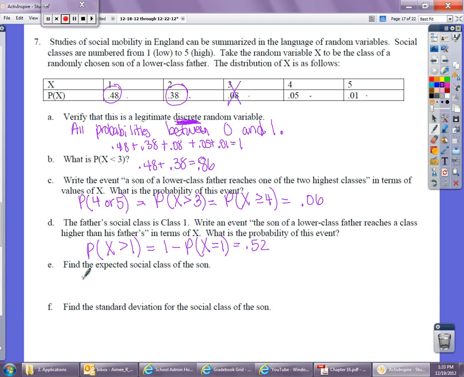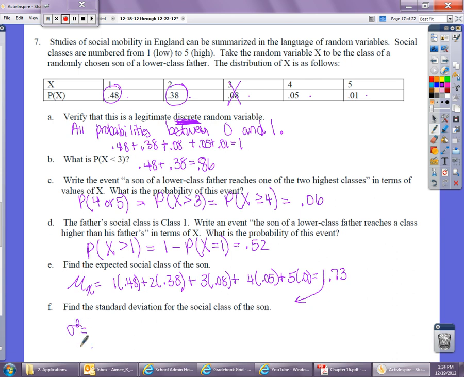Expected value, that is mu. So mu sub x equals 1 times 0.48 plus 2 times 0.38 plus 3 times 0.08 plus 4 times 0.05 plus 5 times 0.01. Put all that in your calculator and you will get 1.73. That is then used in the calculation of the standard deviation, which again is the square root of the variance.